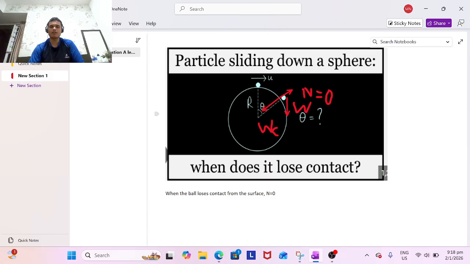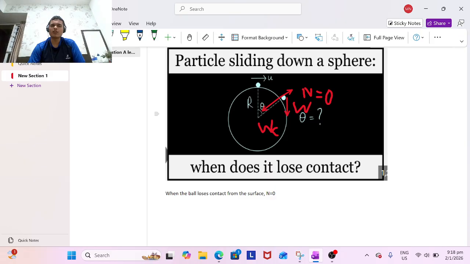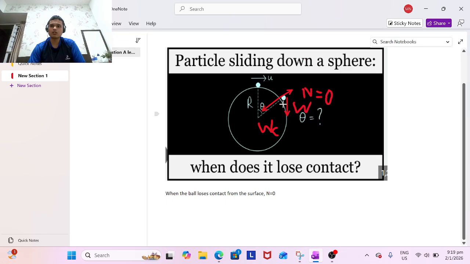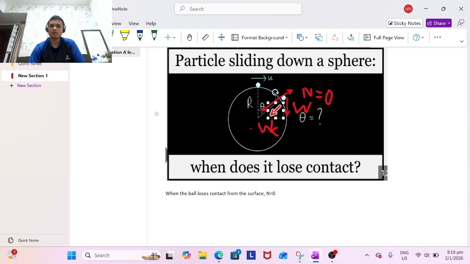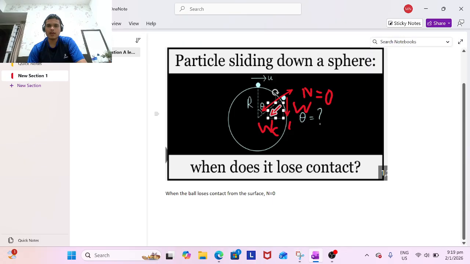You have the centripetal force that must be given to the ball so that it continues to move in a circular path on the sphere. You have FC as well.